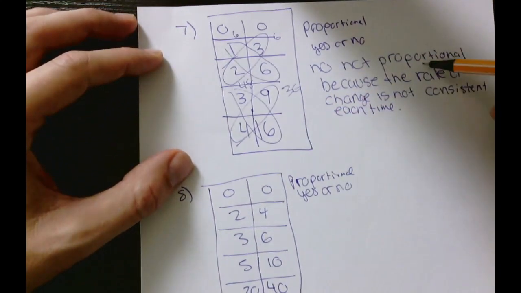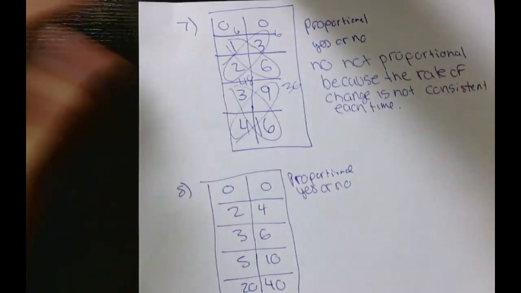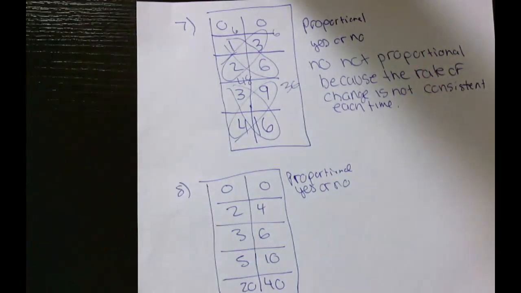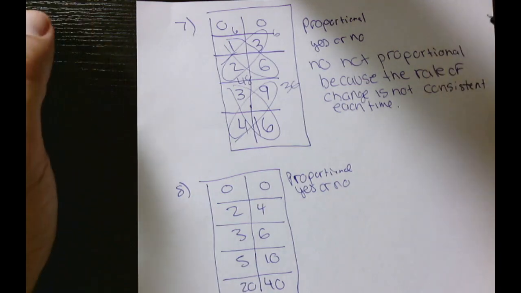Also, their opposite numbers are not proportional either. So it's kind of like setting up like we did with equivalent ratios in a previous lesson.